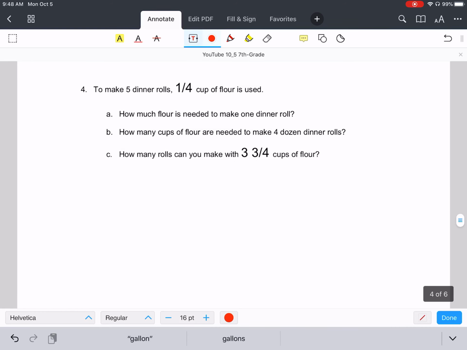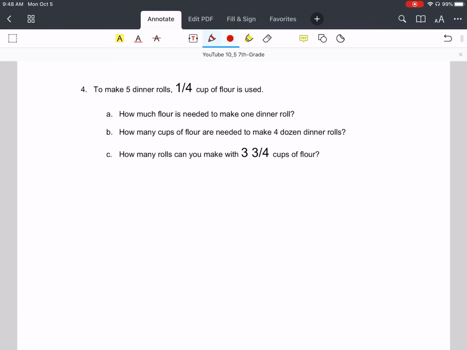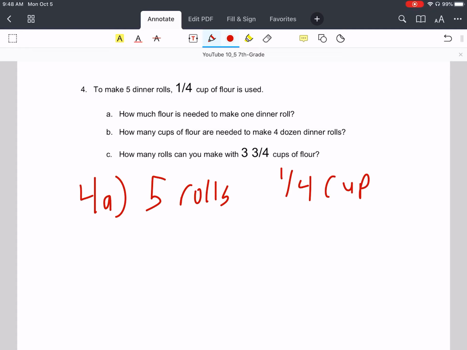To make 5 dinner rolls, 1/4 cup of flour is used. How much flour is needed to make 1 dinner roll? So, for 4a, if we have 5 rolls for 1/4 cup, in order to find the amount of flour for 1 roll, we're going to divide both of these by 5.